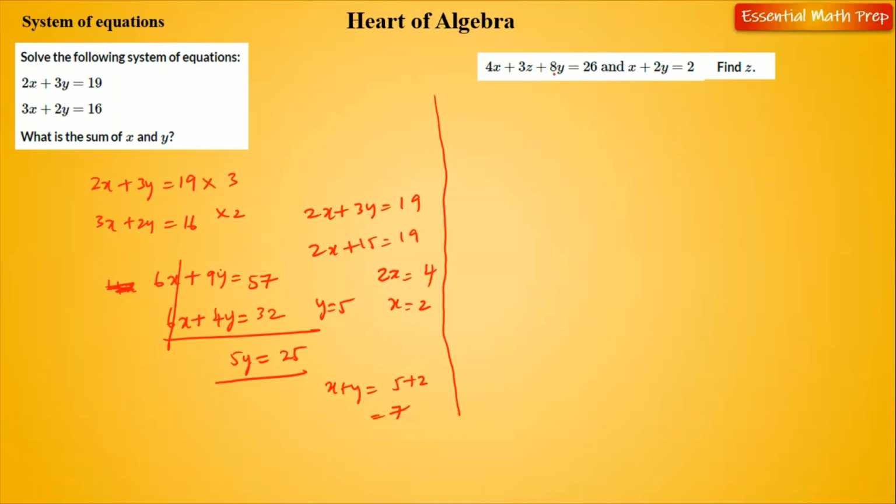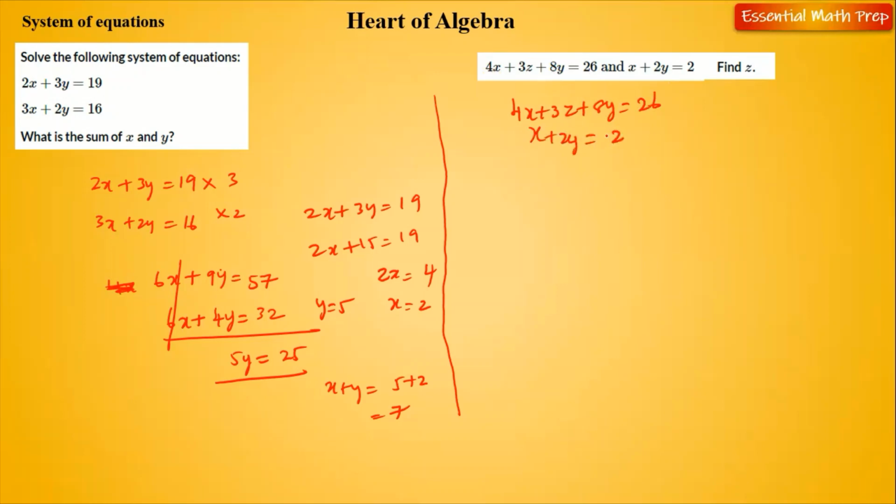So 4x plus 3z plus y equals 20, 4x plus 3z plus 8y equals 26, x plus 2y equals 2, find z, right? So how can we do it even faster? Let's write this down first.